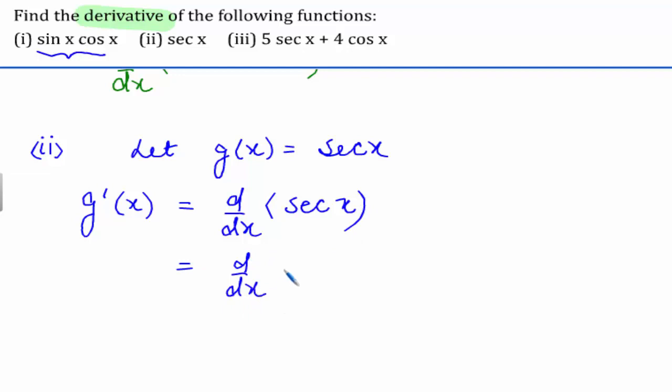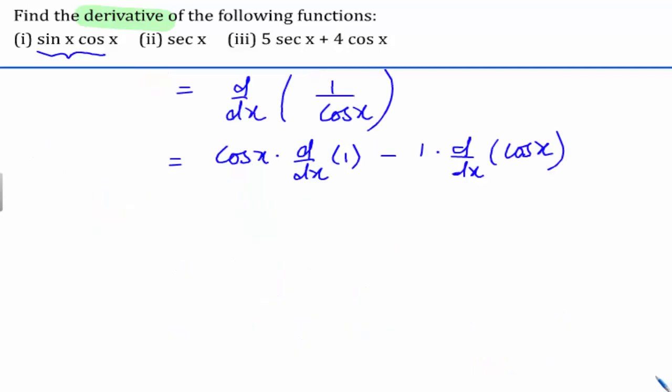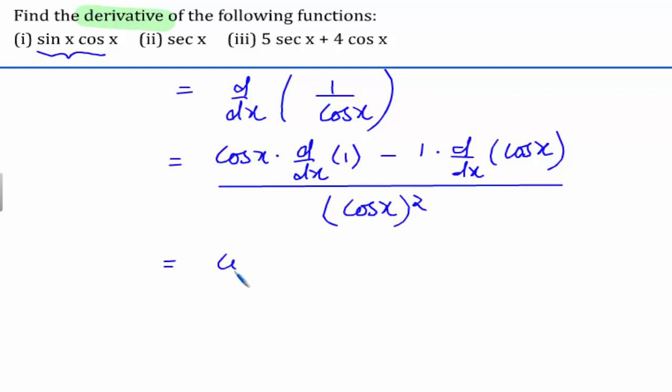1 minus 1 into the derivative of cos x divided by cos x whole square, and this is equal to cos x, and derivative of a constant function with respect to x is 0, minus 1 into derivative of cos x with respect to x is minus sin x divided by cos square x.